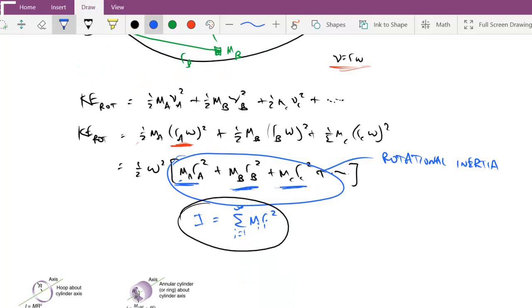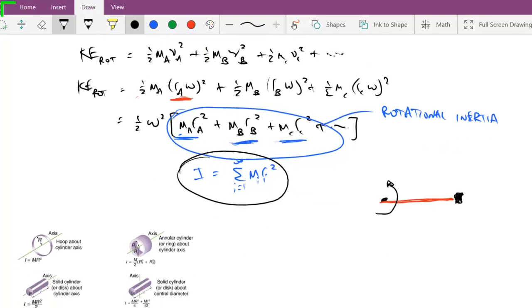If I had just this one mass over here, let's say it's a point mass, so it doesn't really occupy any space, it's just some distance away, and let's say that somehow it's attached by an infinitely thin and massless rope or rod, and it rotates around like that, then the moment of inertia of this mass would simply be m times how far away it is.